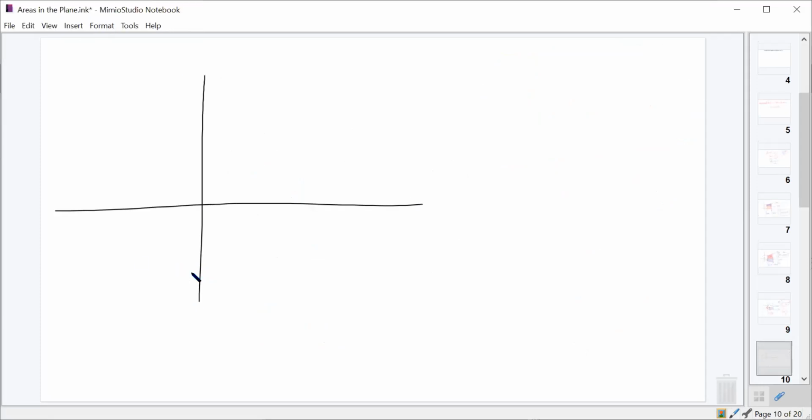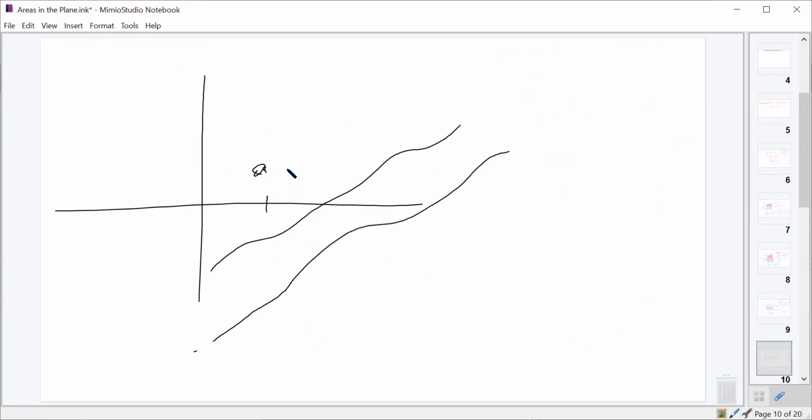But what if here's A, and here's B, and here's F, and here's G, and I want to find this area.